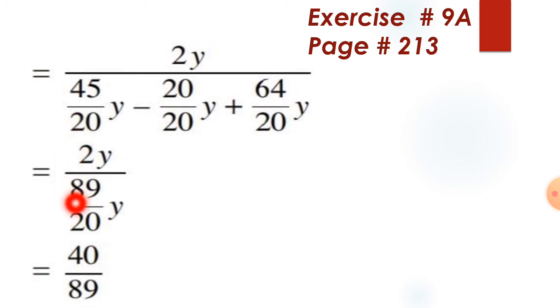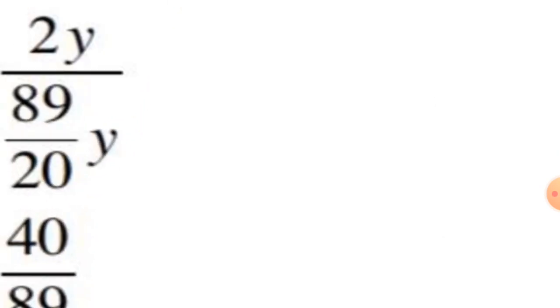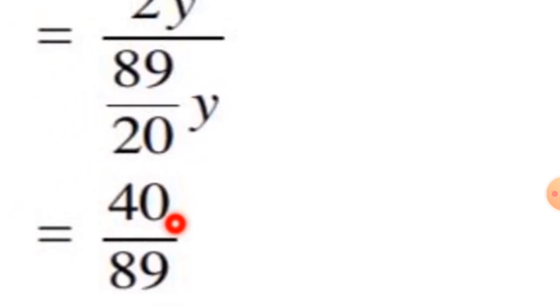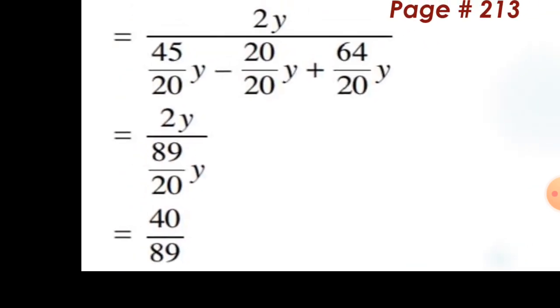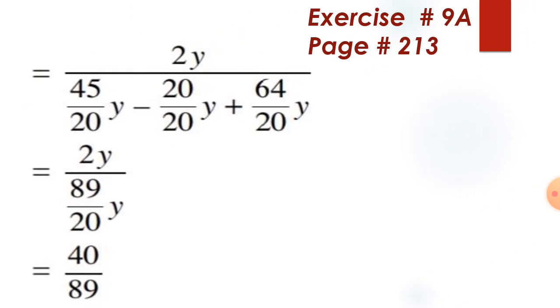So now we have 2y divided by 89 divided by 20y. Now we take this 20 into the numerator, it is multiplied by 2, that will be 40, so 40 divided by 89y is the answer.